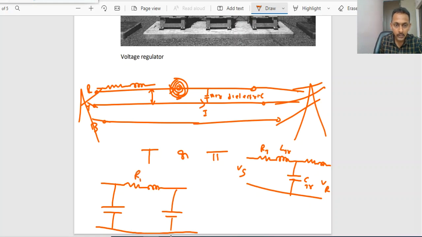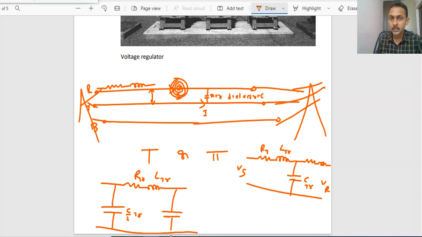This is the resistance of the transmission line, inductance of the transmission line, and capacitance of the transmission line.